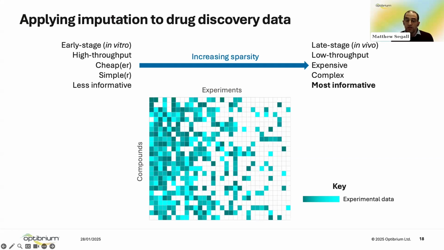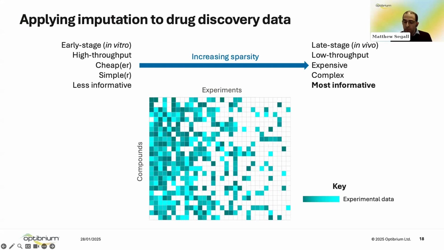But of course, these are the most informative. They translate best into the ultimate clinical efficacy of a compound. And as we go from left to right, we have data increasing sparsity. We typically have most of the data for the experiments on the left-hand side, but as we move from left to right, of course, we have less and less data for those compounds.